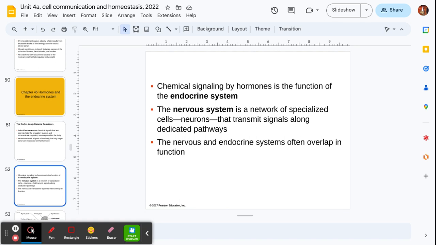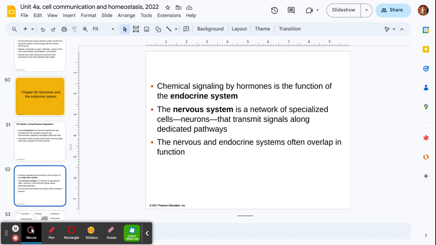There's other communication methods as well, and I want to go over those briefly. One of them is the nervous system. So my psych people will have probably heard some of this already. The nervous system is a network of specialized cells, and its job is to communicate from the brain to the other areas of the body.